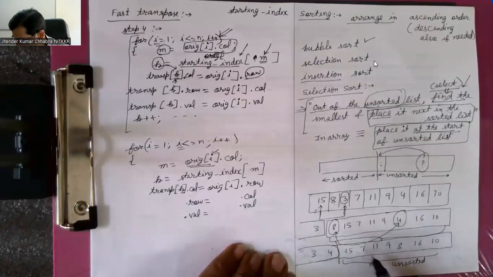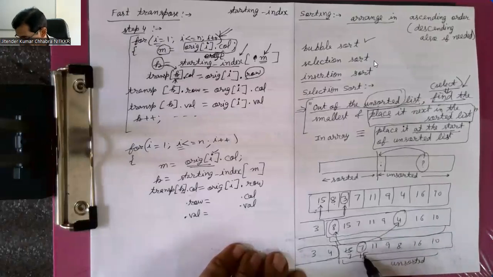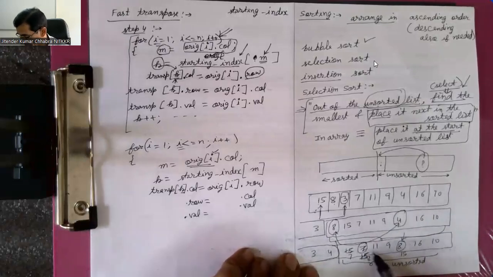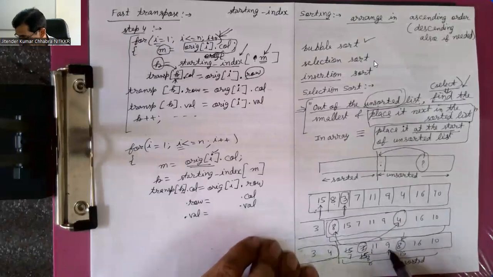Similarly, now out of this the smallest will be found. 7 will come here, 15 will go there. Out of the remaining, the smallest will be found, 8. So 8 will come here, 15 will go here. After this, out of the unsorted list, the smallest will be found, 9.